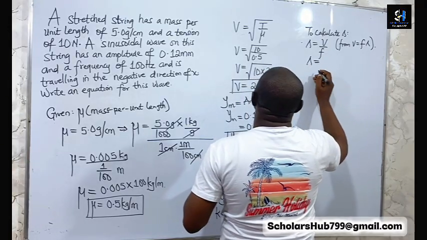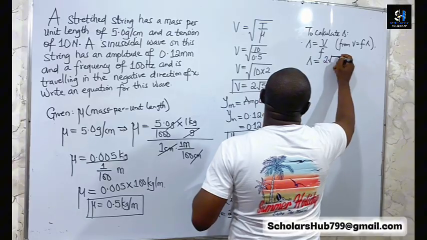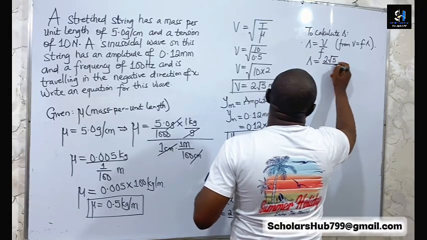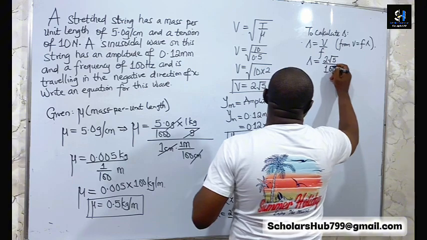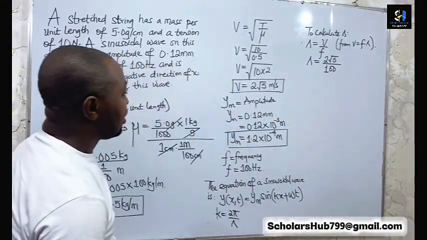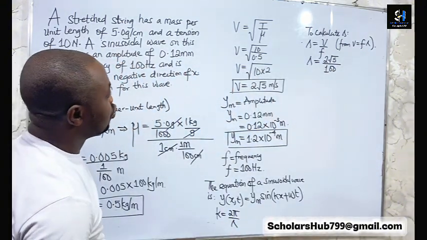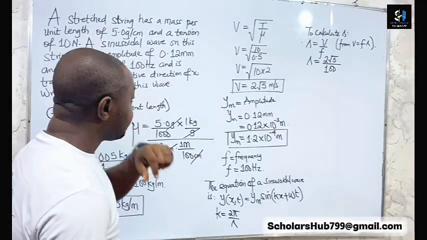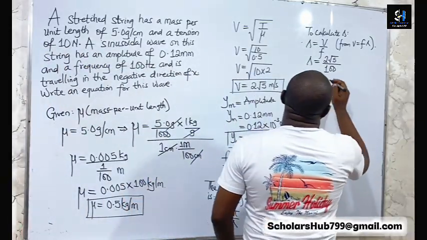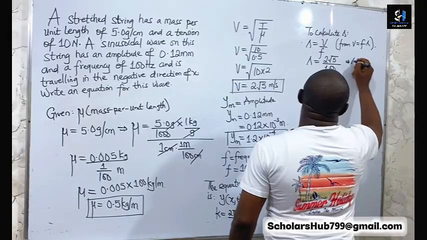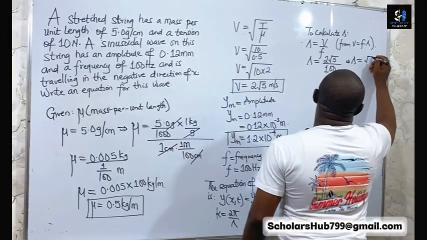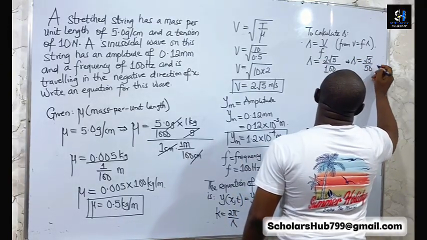So lambda will be equal to 2 root 5 divided by 100, which gives lambda equals root 5 over 50.